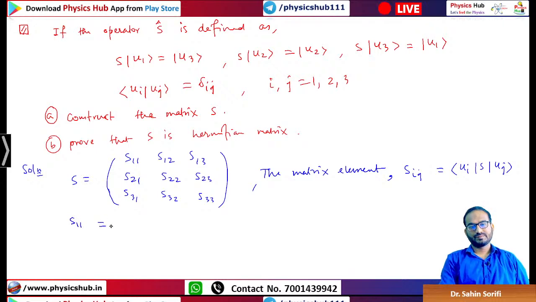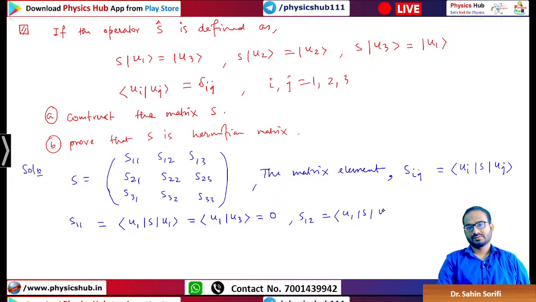S11 is U1 S U1. So S applying on U1 produces U3. So it is U1 U3. U1 U3 is not equal, so it is 0. S12 is U1 S U2. S U2 is U2. So U1 U2 is 0. S13 is U1 S U3. This is 1.